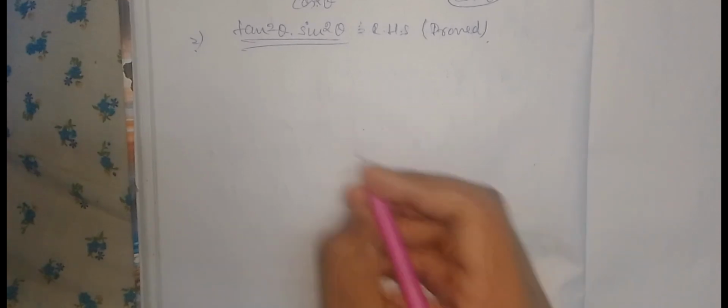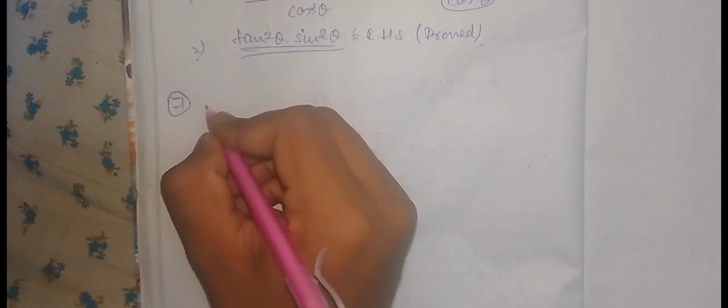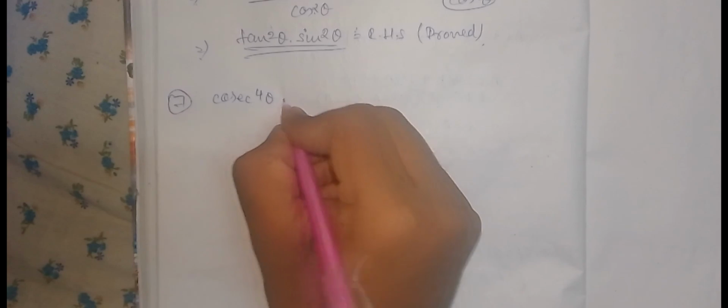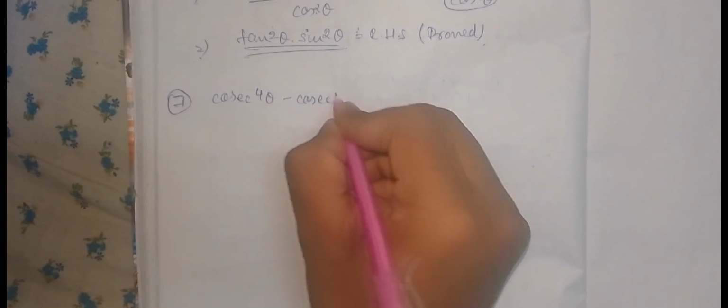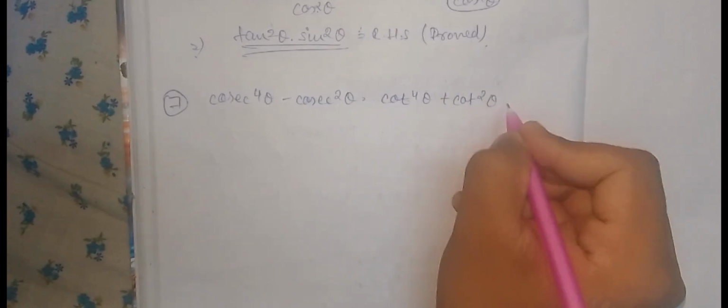So we will move to our next variety, the seventh one in this particular series. The seventh one is given as cosec to the power 4 theta minus cosec square theta equals cot to the power 4 theta plus cot square theta.